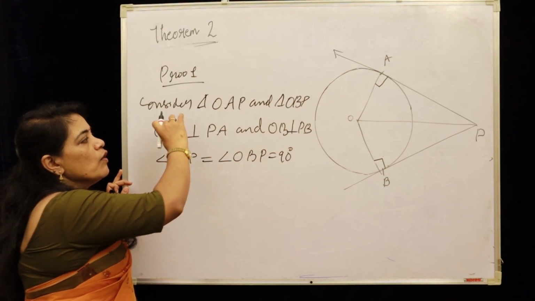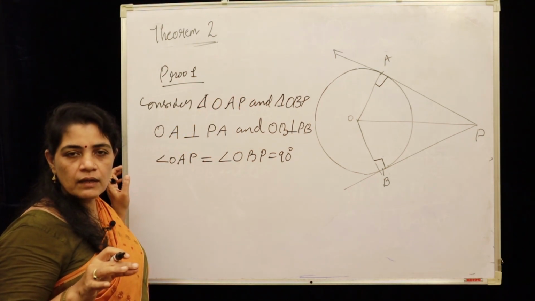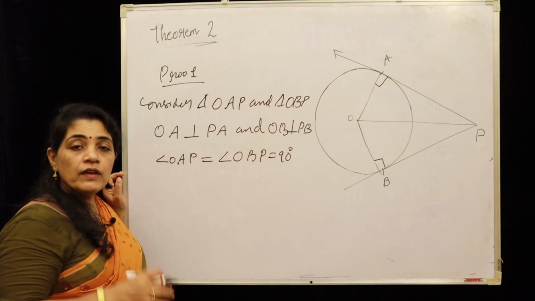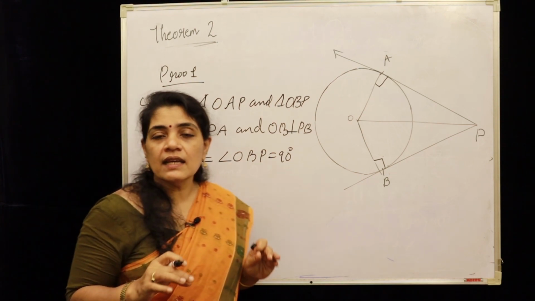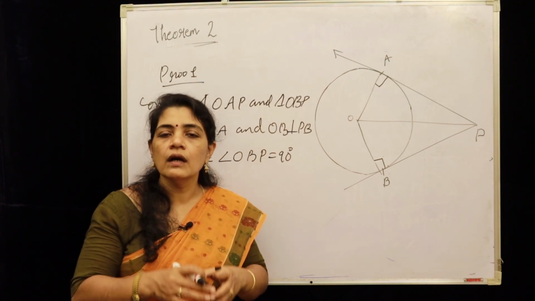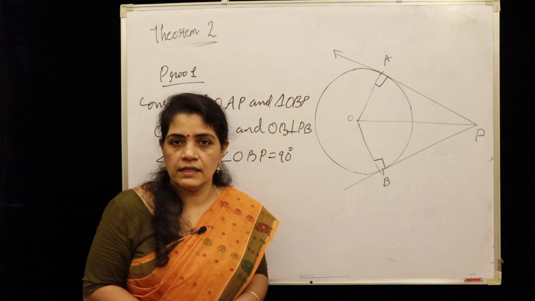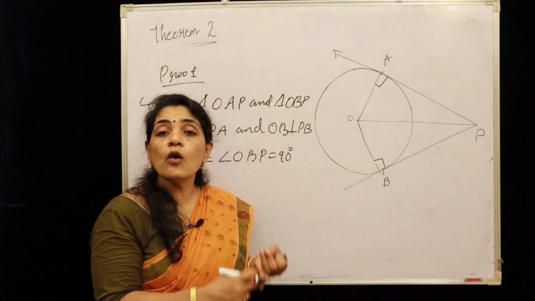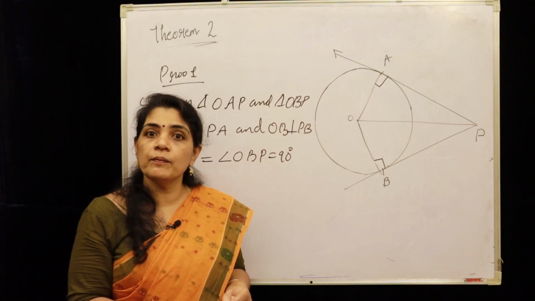Understood? Because we have already mentioned the reason, the radius tangent theorem. And we have to write 3 reasons, then only you can easily reach any one of the congruence criteria.